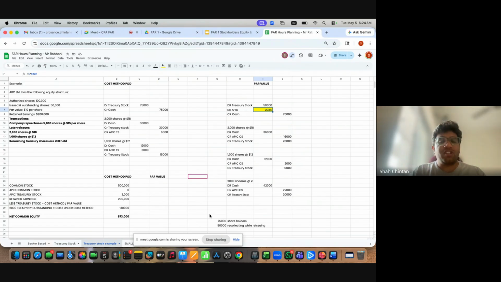So your basic concept, which says that equity is recorded at par value and anything above or below your par value goes to your Epic directly, is fulfilled in the par value method, even though the cost method is also an acceptable criterion. Clear with the par value method?